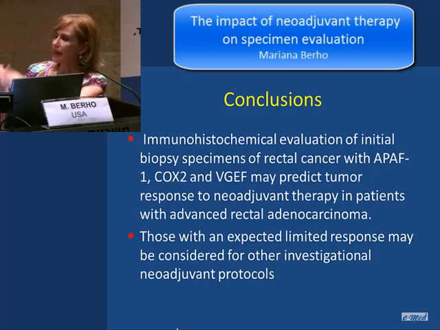And we saw that the upregulation of COX-2 and vascular endothelial growth factor was also related to less response. So upregulation of APAF1, better response; upregulation of the vascular endothelial growth factor and COX-2, less response. And the possibility of using immunological agents before neoadjuvant chemoradiation in these patients may be something important.